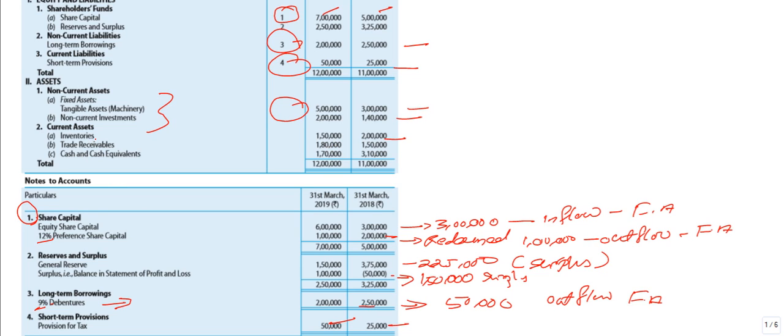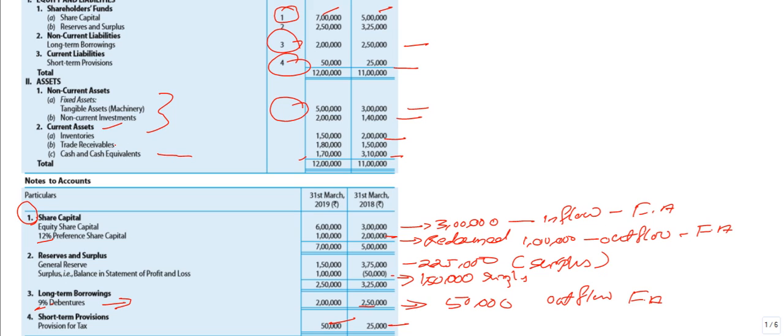So next one is the inventory, a current asset. Here we are using it for calculating the working capital changes. How much are the working capital changes? Inventories and trade receivable. Cash and cash equivalents 1,70,000 and 3,10,000. Opening balance is 3,10,000 and closing balance is 1,70,000. Keep this in mind, that is our answer.